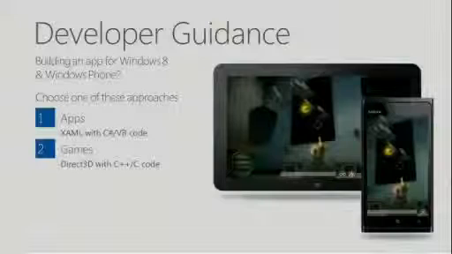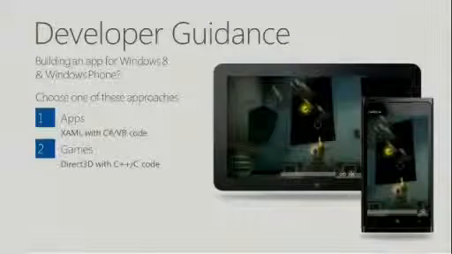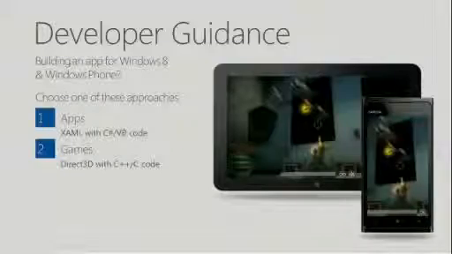For games, we recommend that you use Direct3D with C or C++ code. You can then take the application and target our shared native API, and any code in there will run identically on both platforms. You may choose to use different APIs that allow you to customize the experience per platform, but you can also use a shared core to simplify development.